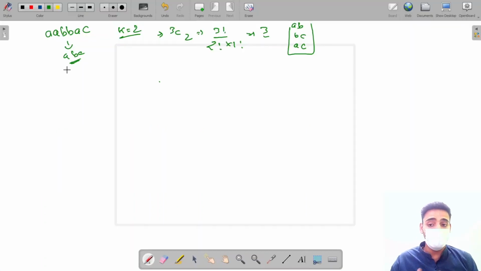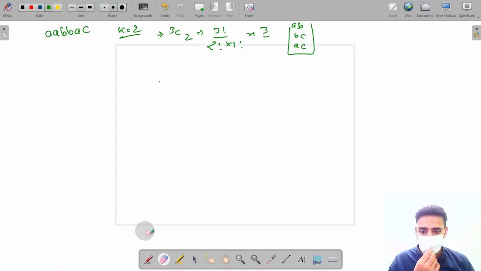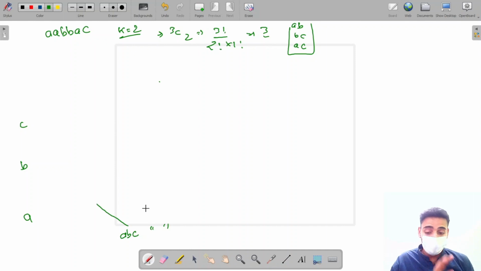Let's understand it by drawing a tree. Let me erase this and use this space to make the tree. We have level A, level B and level C. We are given the string ABC and this is our answer string. For level A, we have 2 choices: either A will be involved or not.